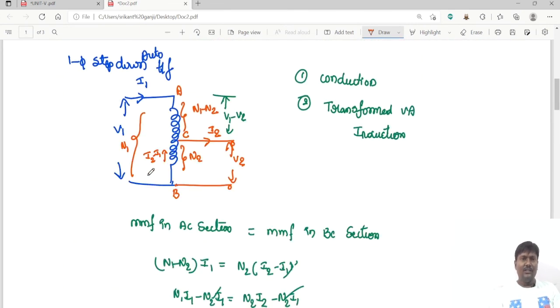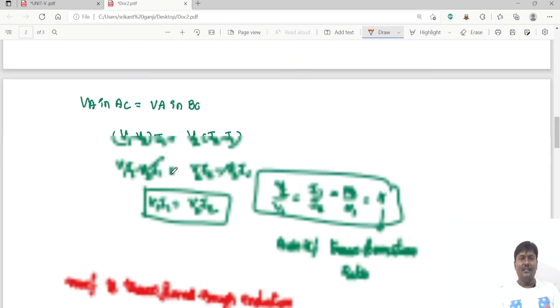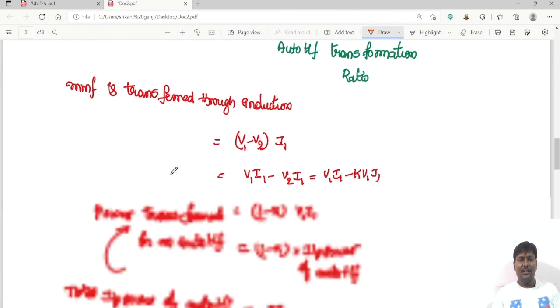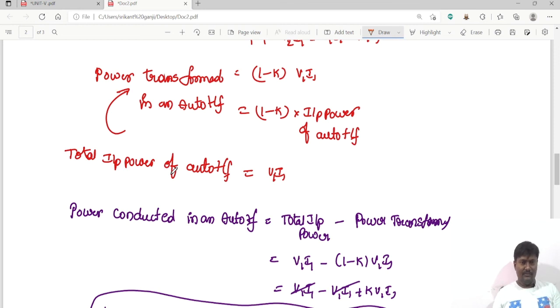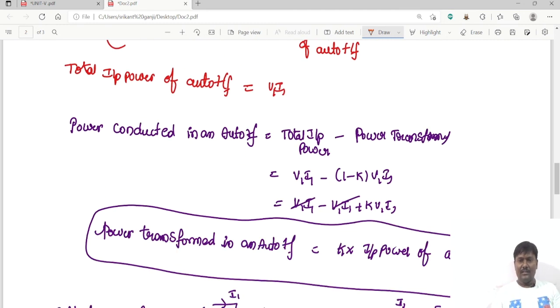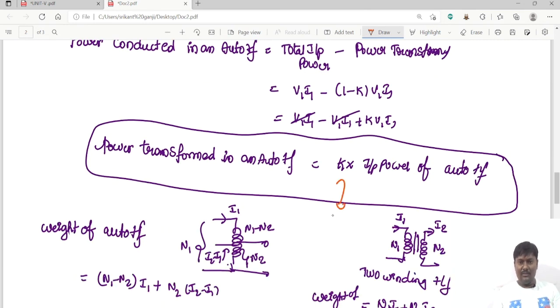One more thing, all these derivations are for the step down auto transformer. Suppose he asks for a step up auto transformer, where K is replaced with 1 by K, then you will get all the values. So power transformed and power conducted are obtained with K replaced by 1 by K, that is for the step up transformer.